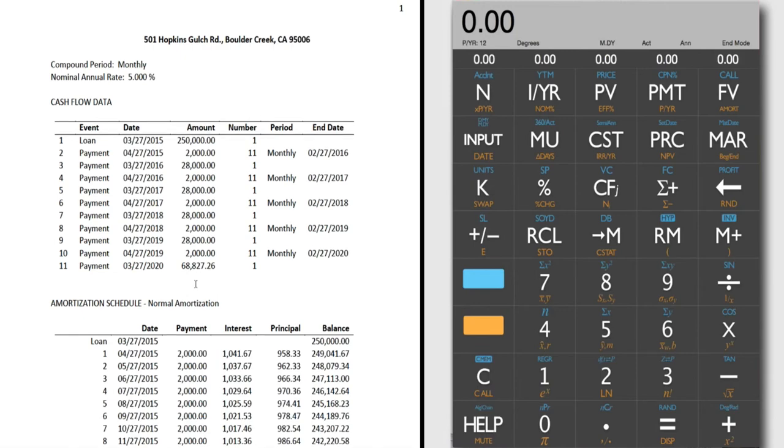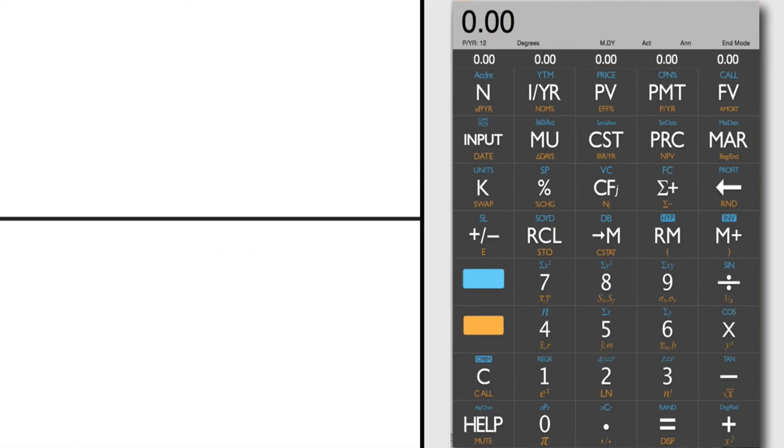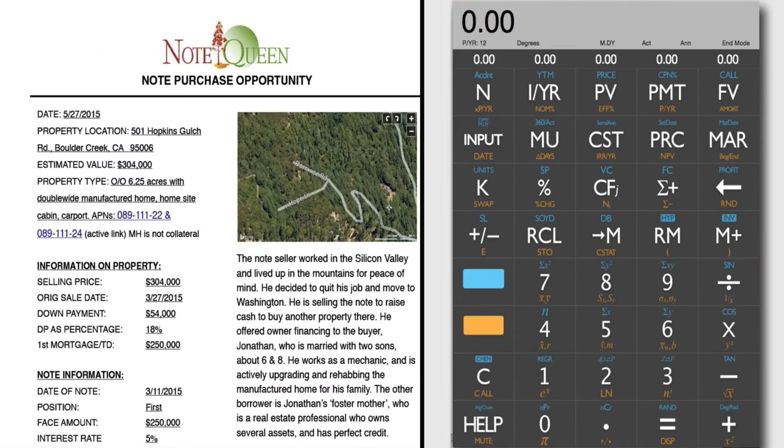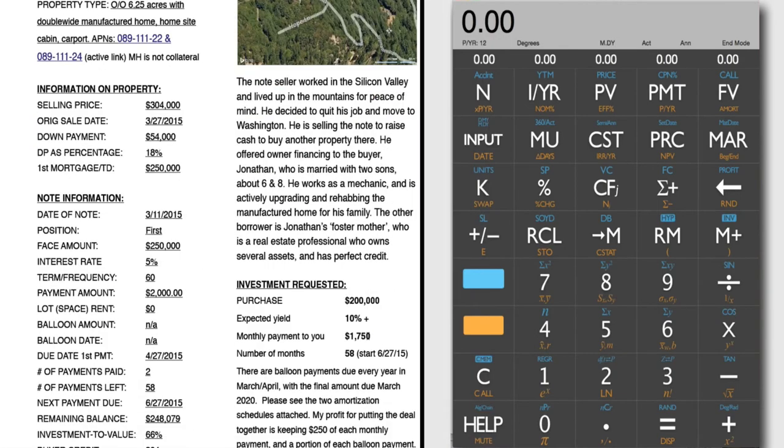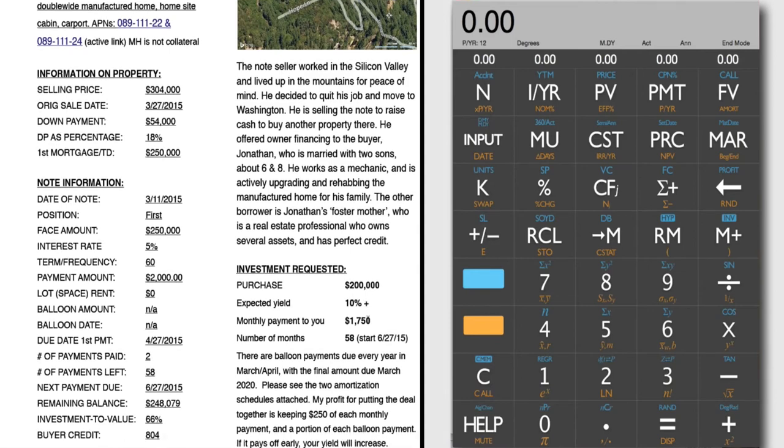And so this is what the note looked like that we're buying. When I put up my note opportunity sheet, if we're paying $200,000 for that $250,000 note, how can I prove to my investors that they're going to make more than a 10% return?